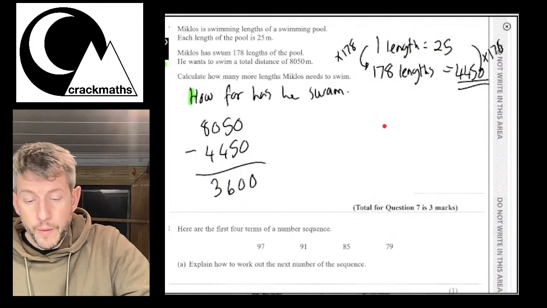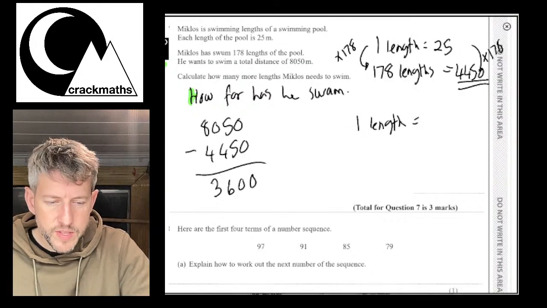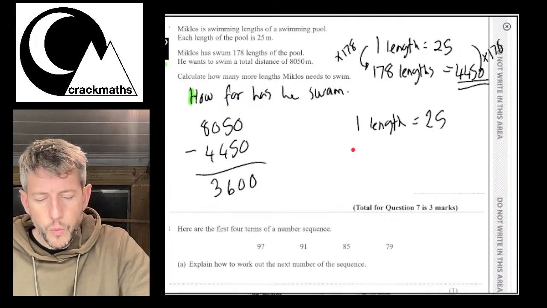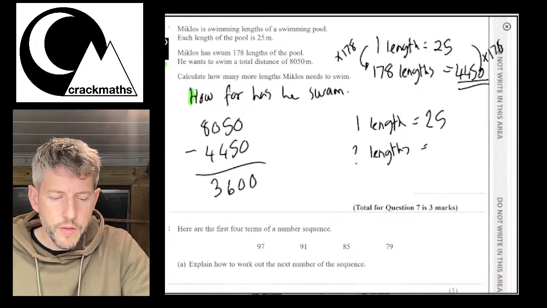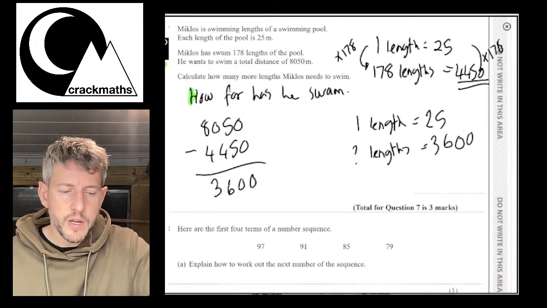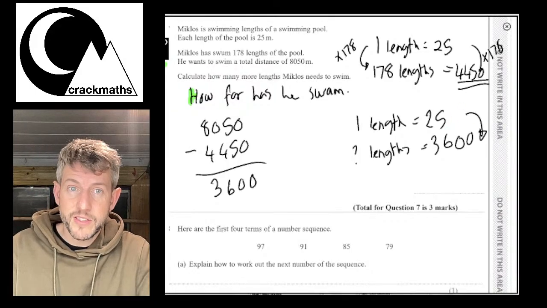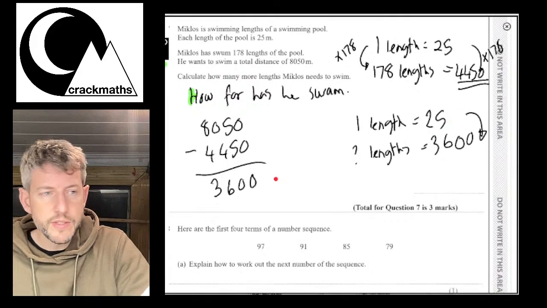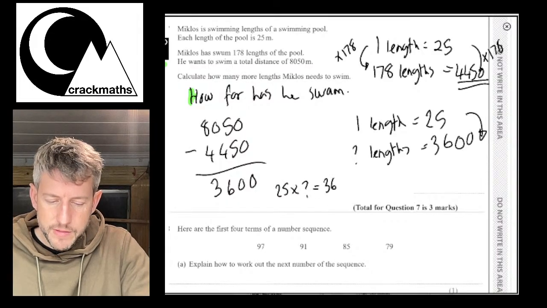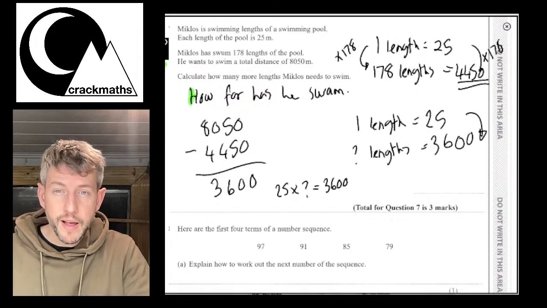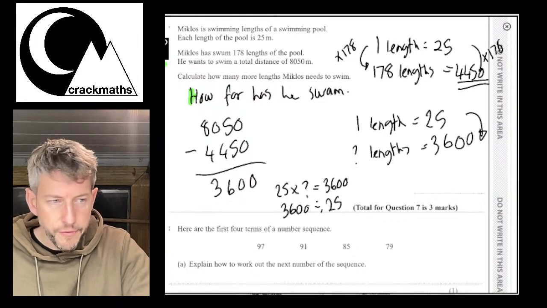So this time we know that one length equals 25. We don't know how many lengths we're looking for, but we do know that they equal 3,600. So we need to know what we times 25 by to get to 3,600. 25 times something equals 3,600. So we can reverse that calculation and do 3,600 divided by 25.